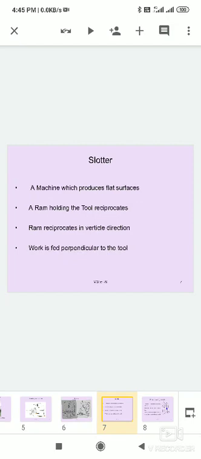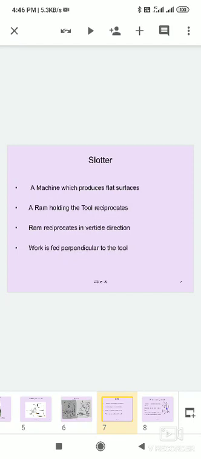It can move in up and down direction. That is called reciprocating direction. And the work is supported on a rotary table, which is mounted on the carriage.